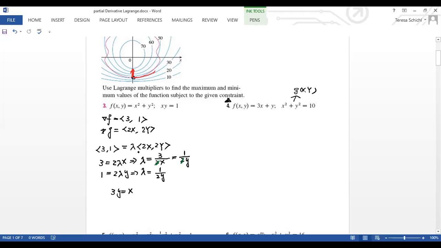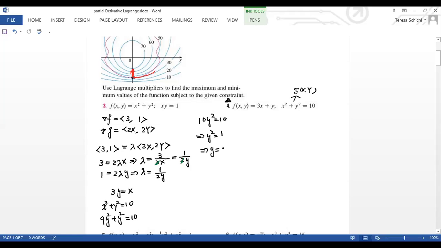Now I have my condition, x squared plus y squared equal to 10. Substituting x equal to 3y, x squared is 9y squared, plus y squared equals 10. So 10y squared equals 10, and y squared equals 1.